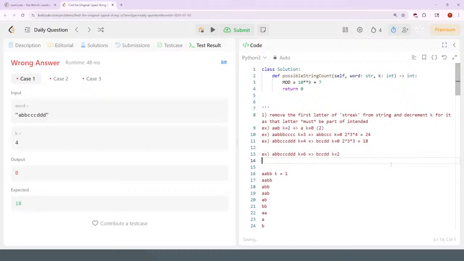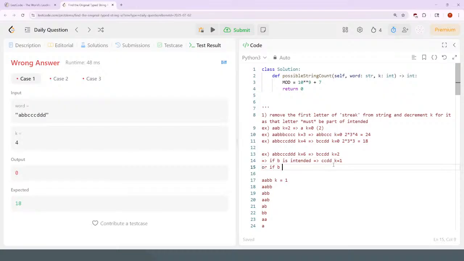So how to count those? At any given point where you have a string of possible intended things and a minimum number of intended things remaining, if you consider the first streak, so there's one B here, either she intended to do that B, in which case you can move on to the next CCDD, and the number of intended letters remaining guaranteed would be at least 1.